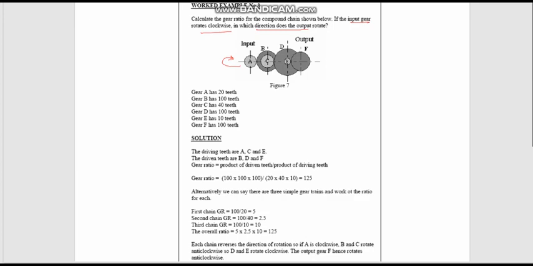And we know that for a gear train system, if a gear meshes with another gear, then the rotation will be the opposite of each other.